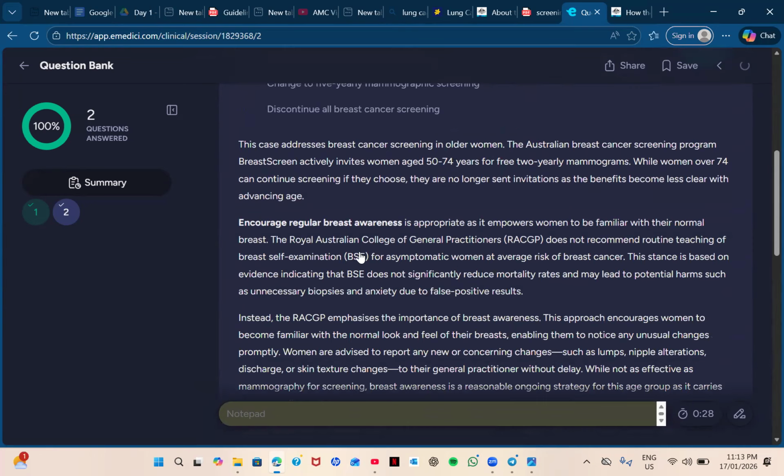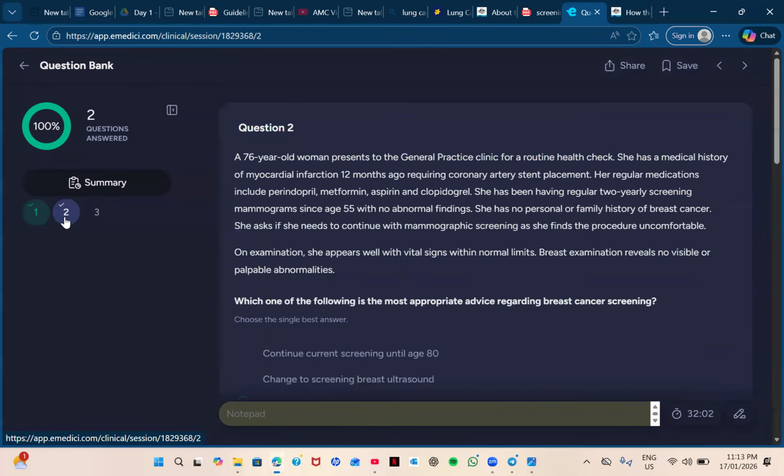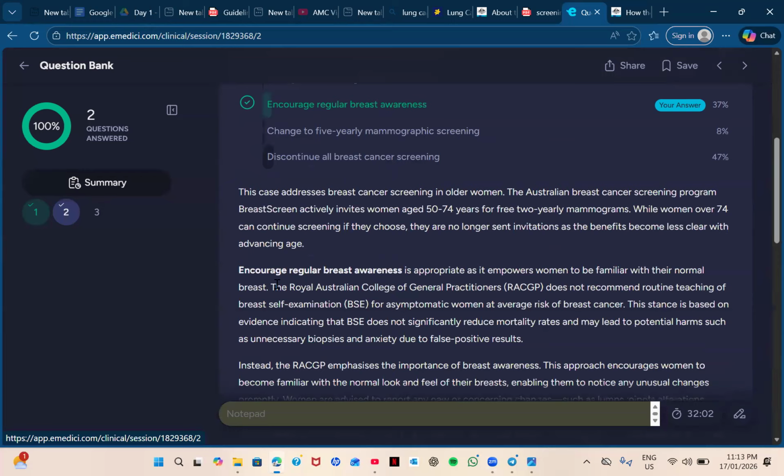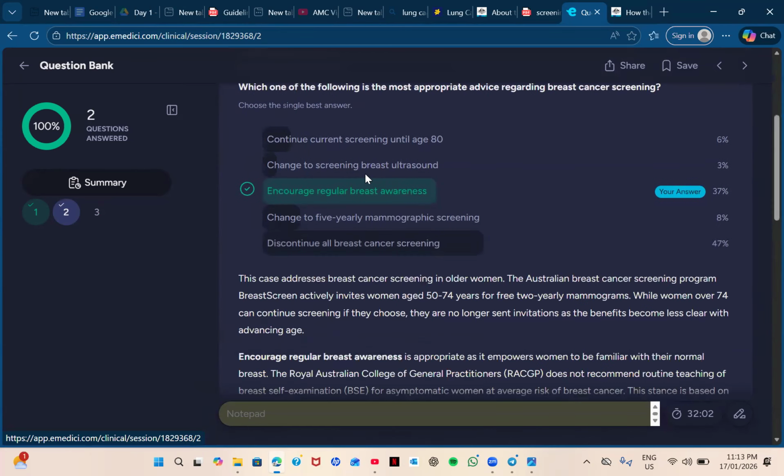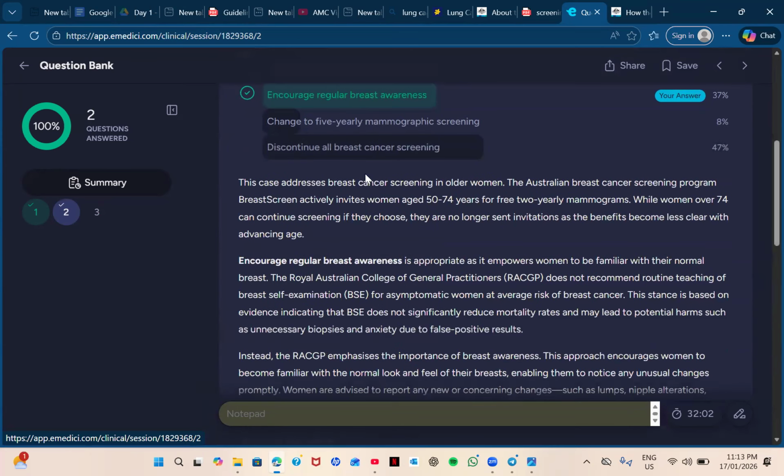Fine. Finally. Okay, here our patient is 76 years old. So we don't need further cancer screening, right? Because it's 50 to 74.